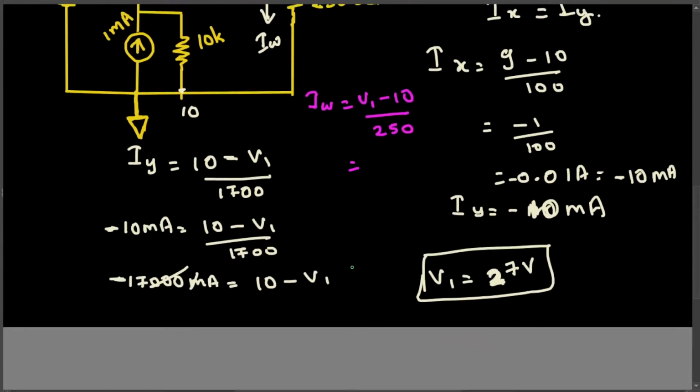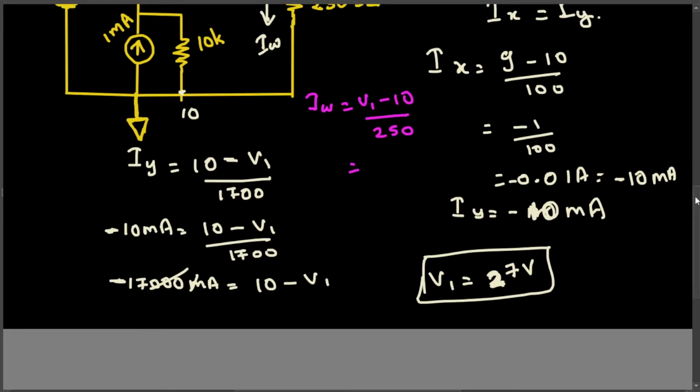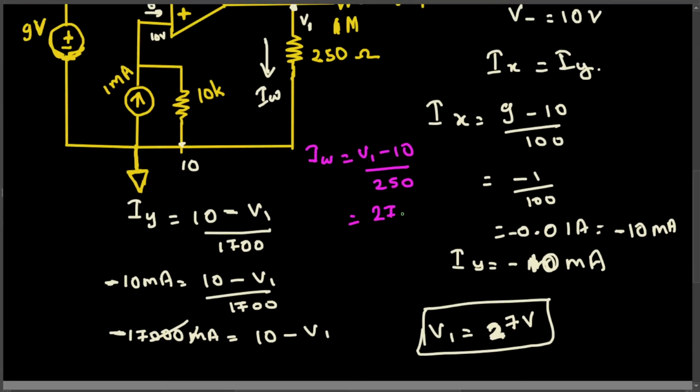V1 we just found to be 27. So 27 minus 10 divided by 250, and then 70 divided by 250, and if I multiply this by 4, that is 68 divided by 100.